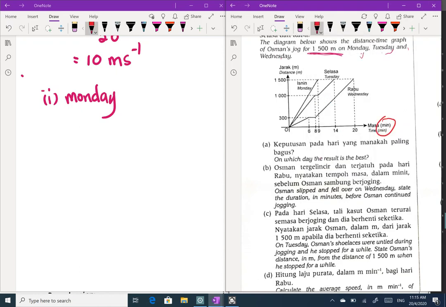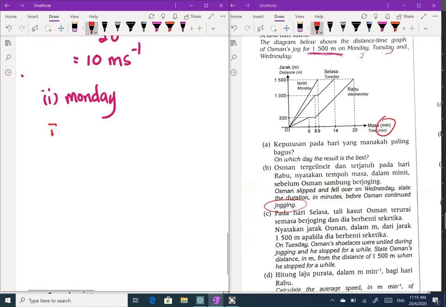So in minutes, before Osman continued jogging, I want to know the duration. 你跌倒的时候，你当然会停下来嘛。So I want to know the time you take rest. So it's 8 minus 6. So it's 2 minutes.